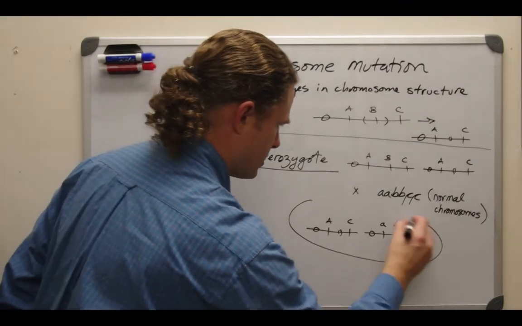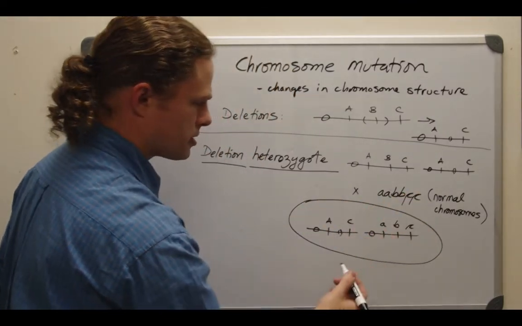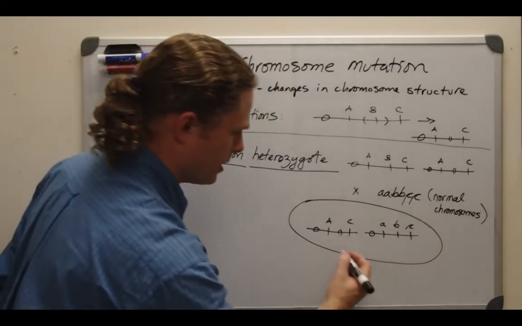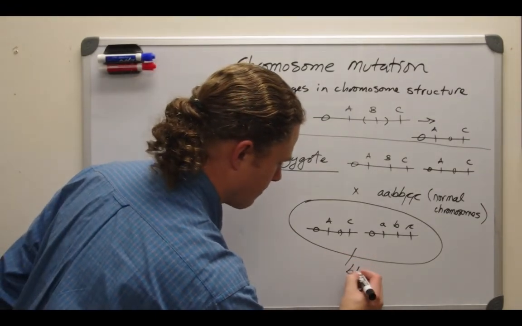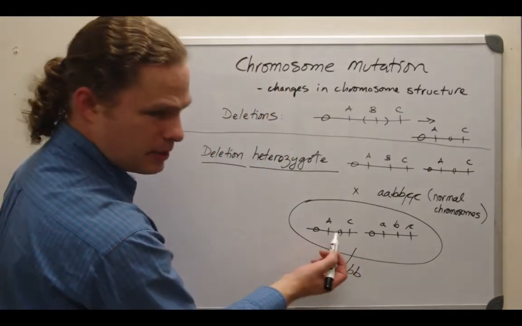These offspring from this cross would have the little b phenotype. And the reason for that is they don't have a big B allele present.